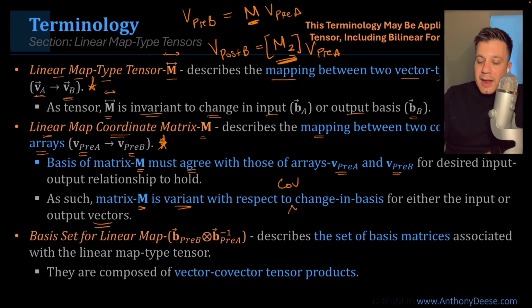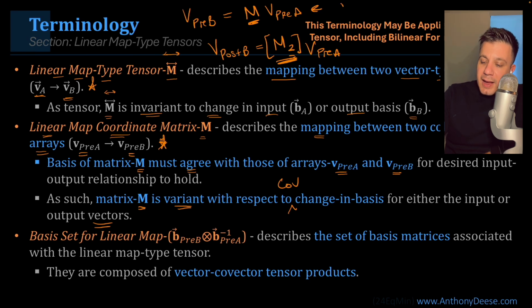We cannot use the same M from above, and the same thing would apply if we were to redefine V pre-A as V post A. Essentially, any change of basis that's applied to either the input or the output, if we want to maintain the same mapping in the coordinate form, we need to redefine our matrix M. And so this is one of the main things we're going to talk about in the next section, not to get too far ahead of ourselves, but how do we apply a transform to this coordinate matrix here?